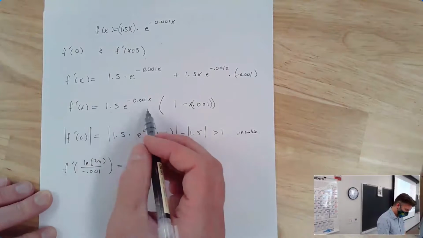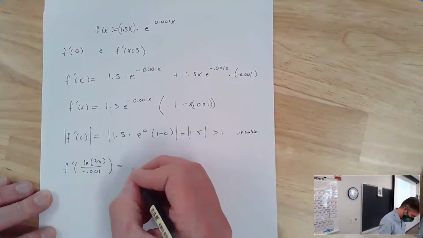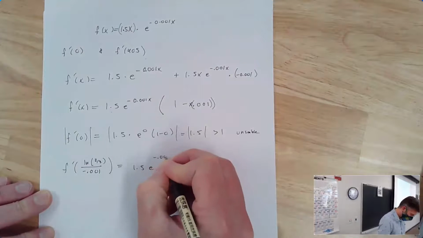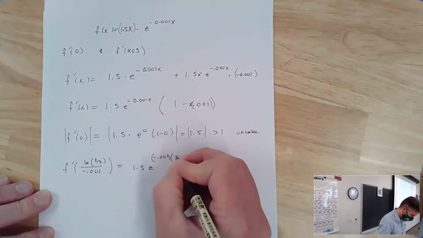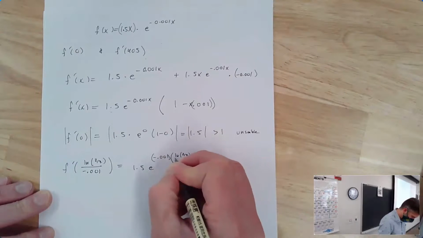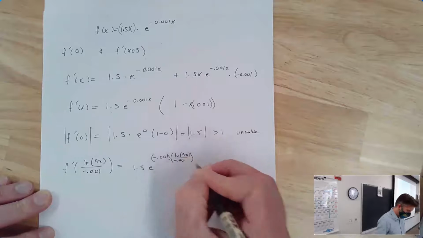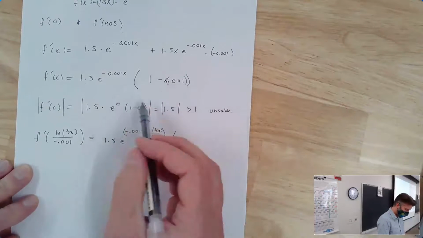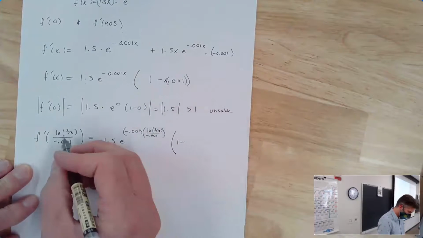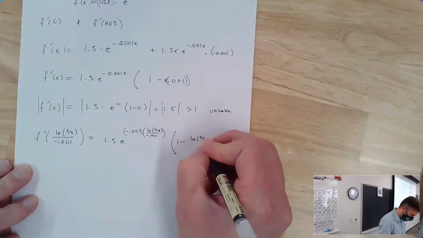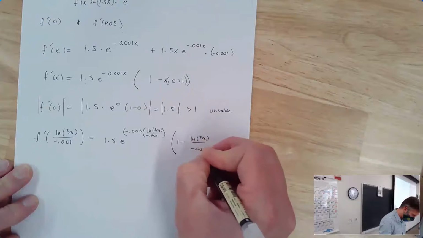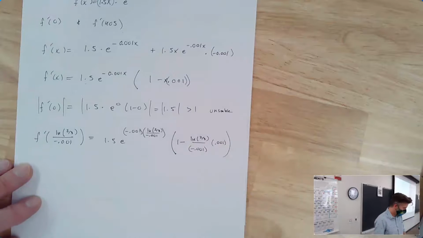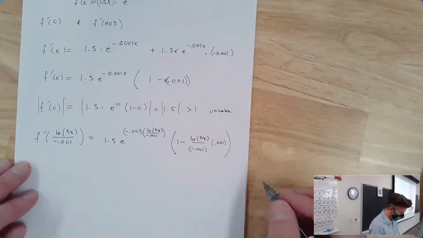So plugging that in here, I'm going to get 1.5 times e to the negative 0.001 times the natural log of 2/3 divided by negative 0.001. That's going to work out all right. Times, now we've got 1 minus the natural log of 2/3 over negative 0.001 times 0.001. Pretty gross, but it's going to be okay.